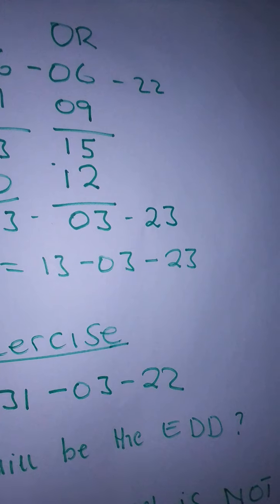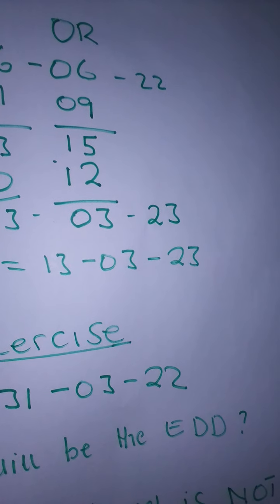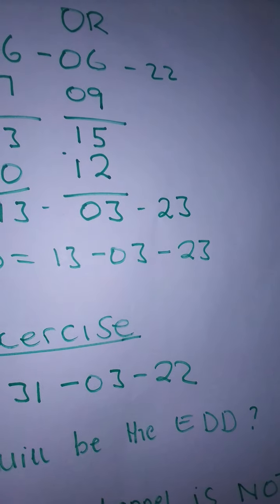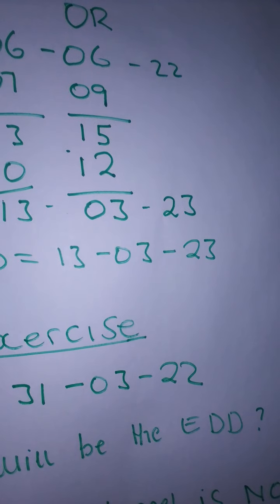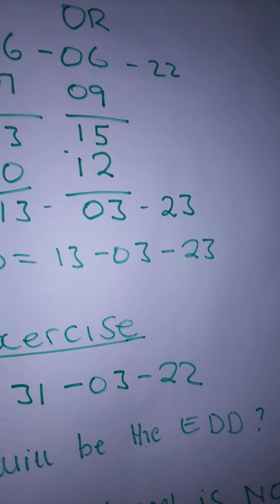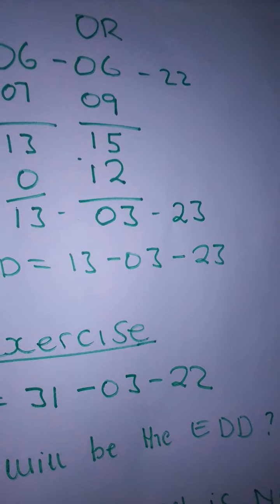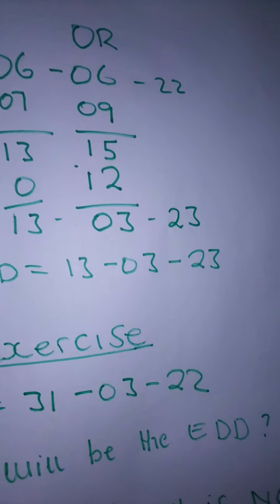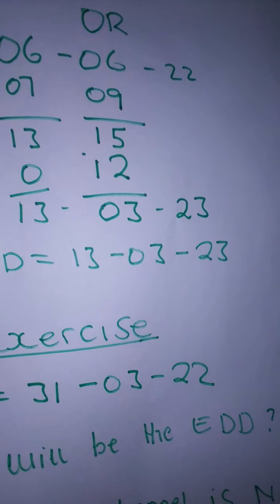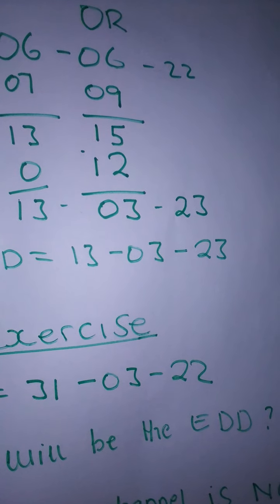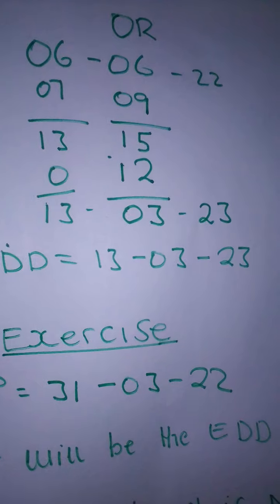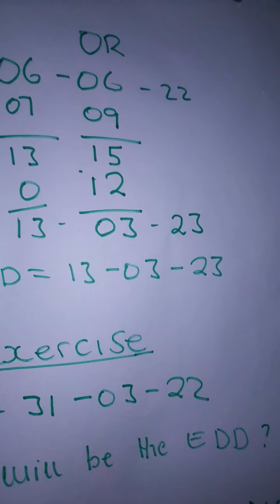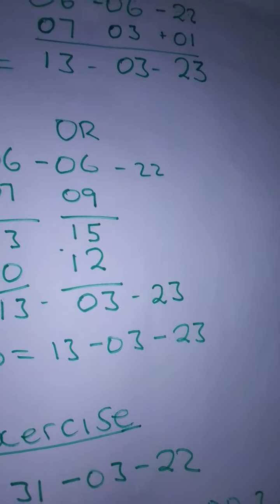That 1 year, we are going to add to the year. So instead of 2022, it will be 2023. Then 15 minus 12 gives us 3. And the date there will still remain 13. So our expected date of delivery will be 13 March 2023, which is the same as the one on top there.